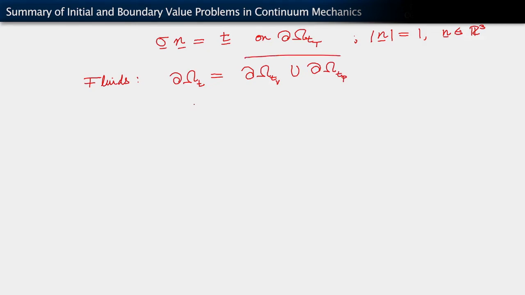What we have then is that the velocity equals some known velocity on that boundary, and the pressure is some known pressure on the pressure boundary. All right?